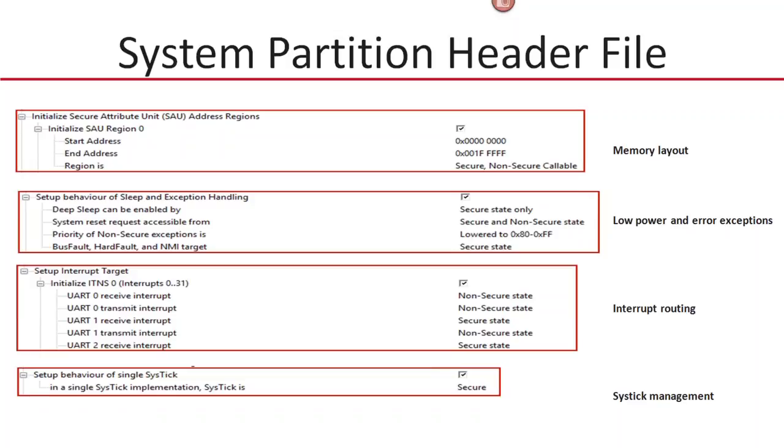And then finally, depending on the manufacturer, we may have multiple SysTick units, so we can also control the behavior of the SysTick through the system partition header file as well. This makes setting up the TrustZone configuration very straightforward, and it's all carried out by the system startup code, so that as soon as we enter, we're running with a configured processor ready to start executing our code.